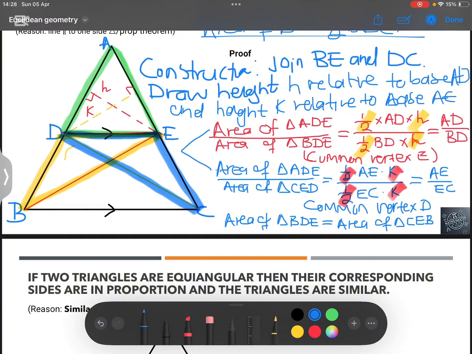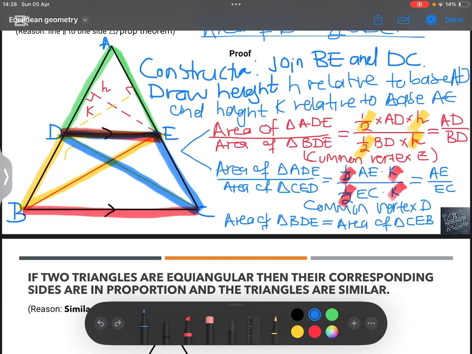What is the reason behind this? They have the same base, and they have the same height lying between the parallel lines. These are the parallel lines, and here is the height that we're talking about. That is the reason why we're saying these two are equal.